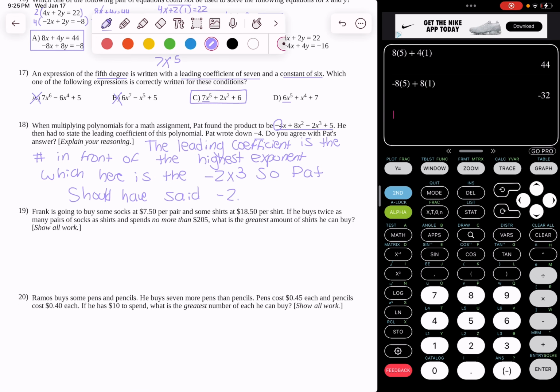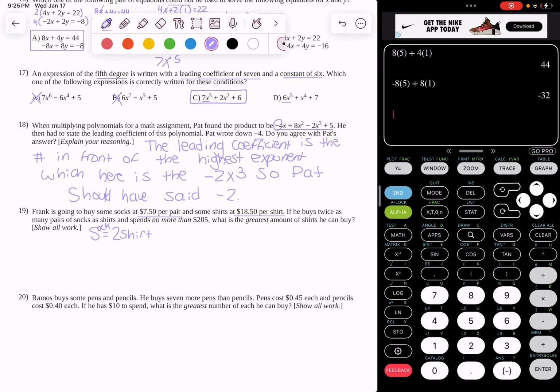All right, let's look at 19. Frank is going to buy some socks, $7.50 per pair, and some shirts, $8.50 per shirt. If he buys twice as many pairs of socks as shirts, so his socks is equal to twice the shirts, and spends no more than $2.50.